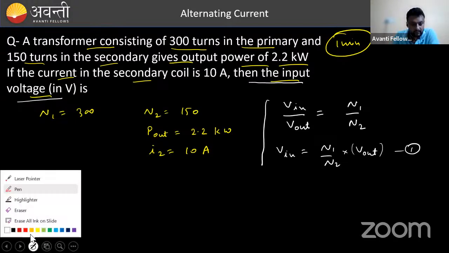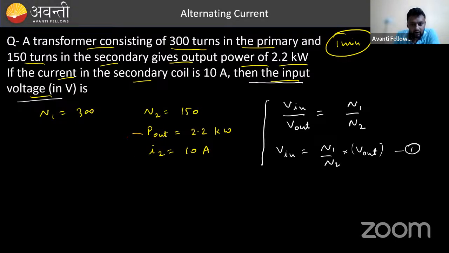If I look closely, I have the output power. And you know that power is what? V into I. So you can say that P output is equal to V output into the current in the secondary, which is I2. Clear? So V out you can calculate.